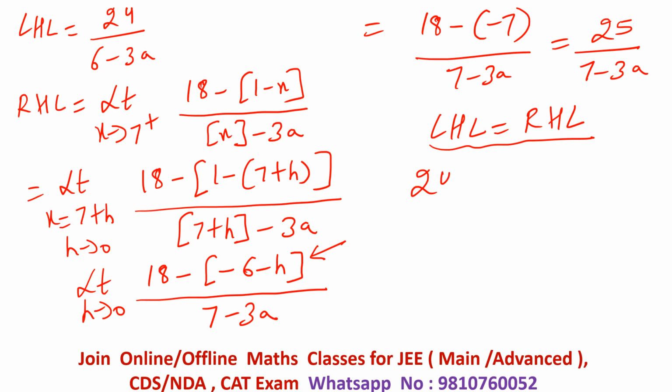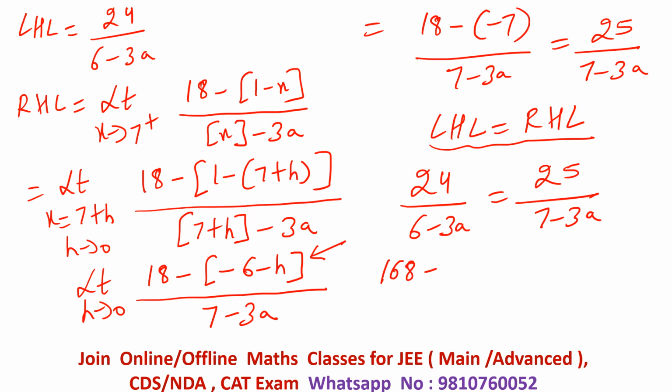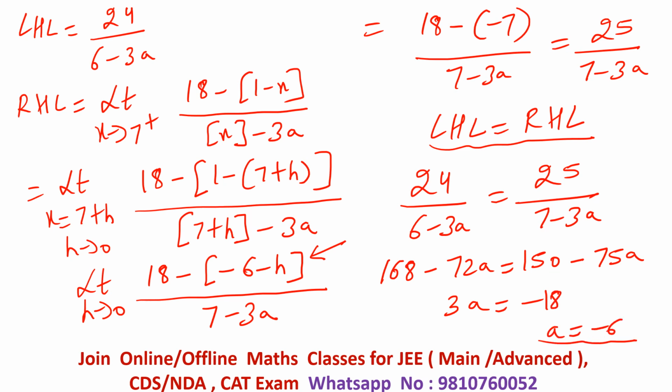So I can put 24 upon 6 minus 3a equal to 25 upon 7 minus 3a. Now just cross multiply and you will be getting the value of a. So it becomes 168 minus 72a equal to 150 minus 75a. It becomes 3a equal to minus 18, or a is equal to minus 6. Now students, option A is the correct one.